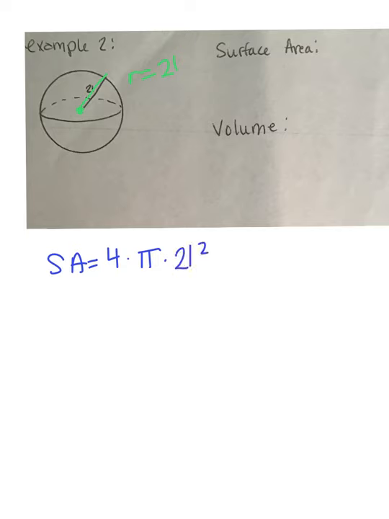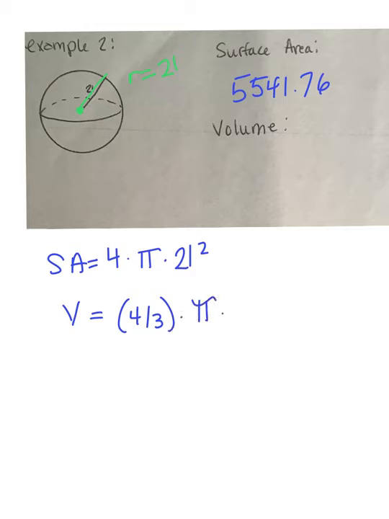And when you type that into your calculator, you should get 5,541.76. For the volume, you're going to do 4/3 times pi times the radius, which is 21 to the third power. When you type that into the calculator, you should get 38,792.38.